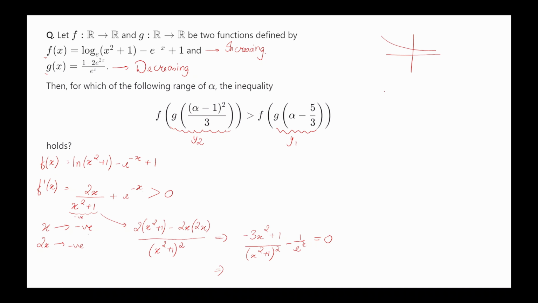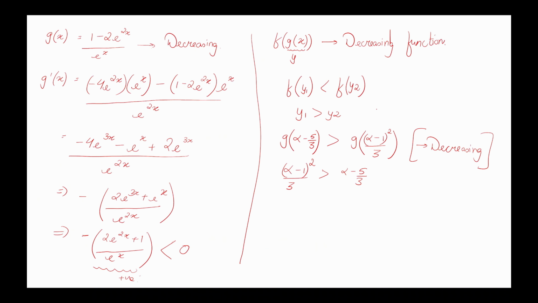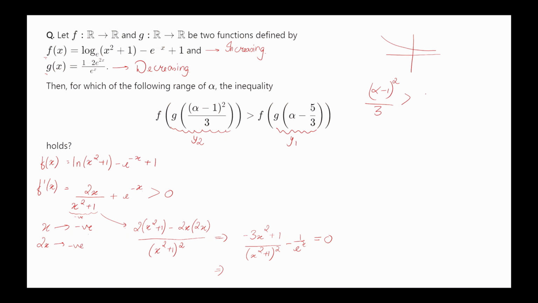So let me write down the alpha range here. We have alpha minus 1 whole square divided by 3 greater than alpha minus 5 by 3. So now let us solve this. We are going to get alpha square plus 1 minus 2 alpha greater than 3 alpha minus 5. So from here we get alpha square minus 5 alpha plus 6 greater than 0.